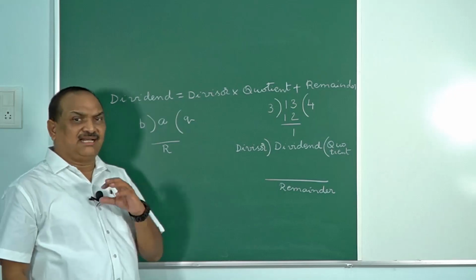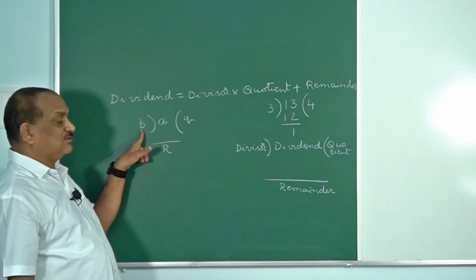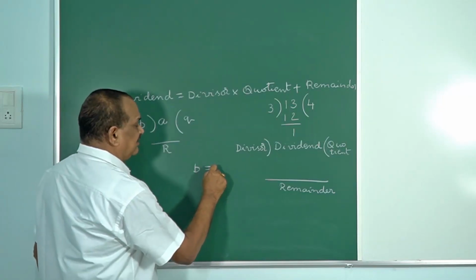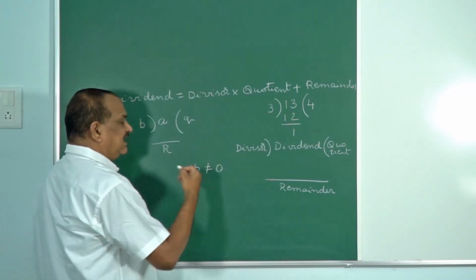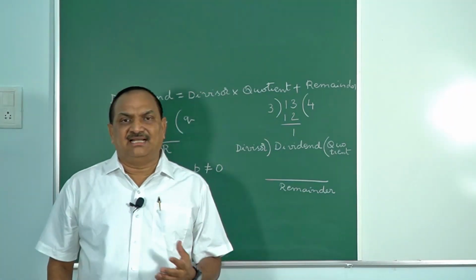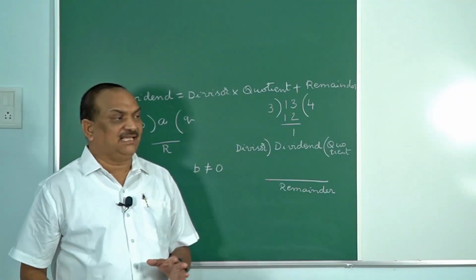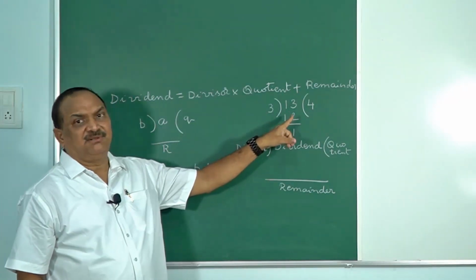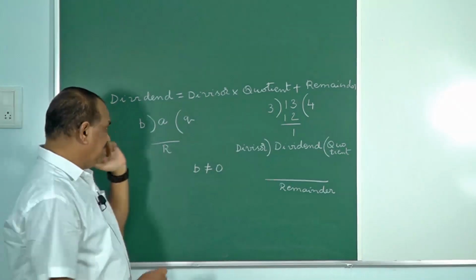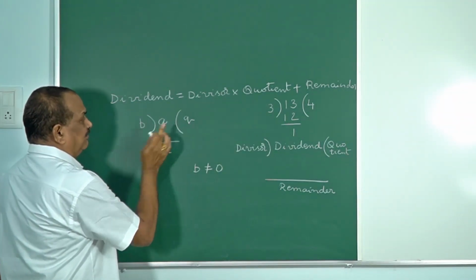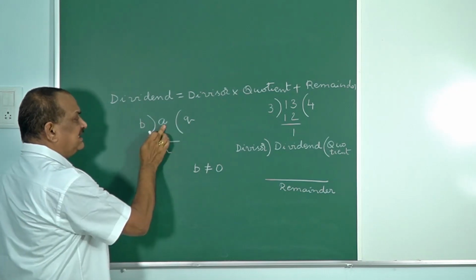Something interesting here is that r can be 0. That is the condition. But b is not equal to 0. But a and b, either of them can be greater than the other, and that doesn't make much of a difference there. What is the relation here? If you follow the same principle as in this example, b times q plus r is our a.